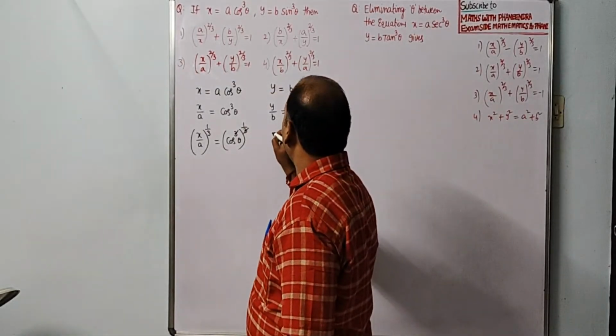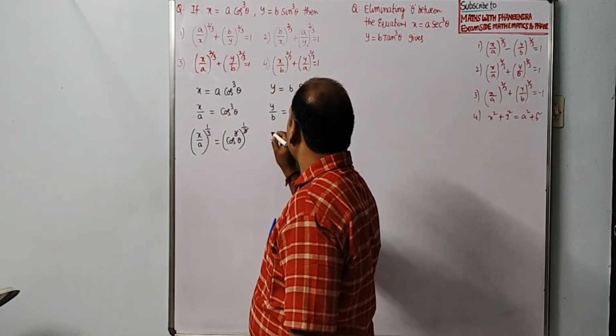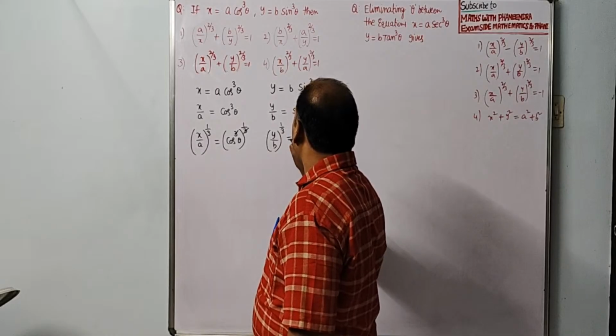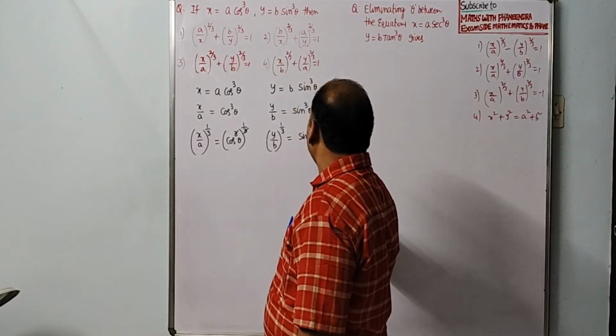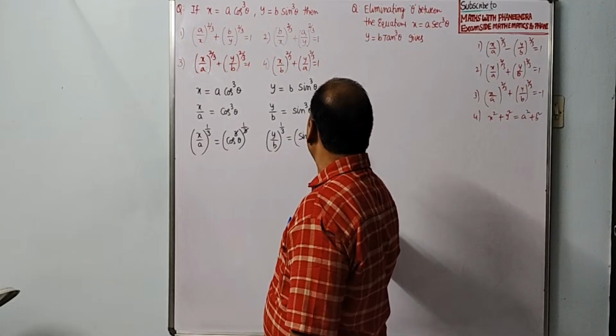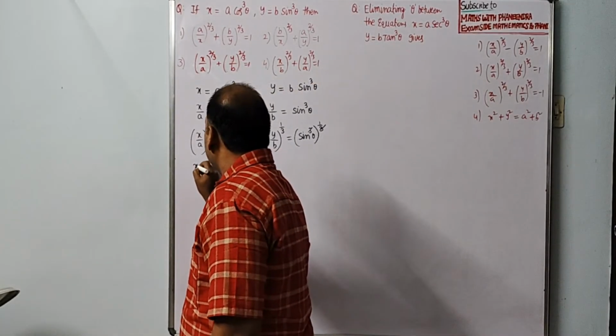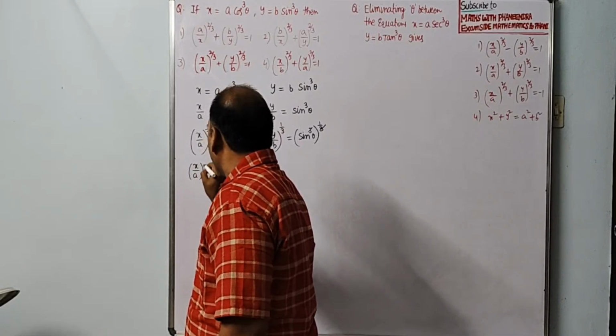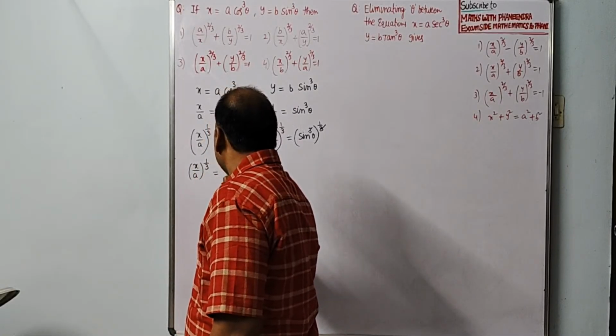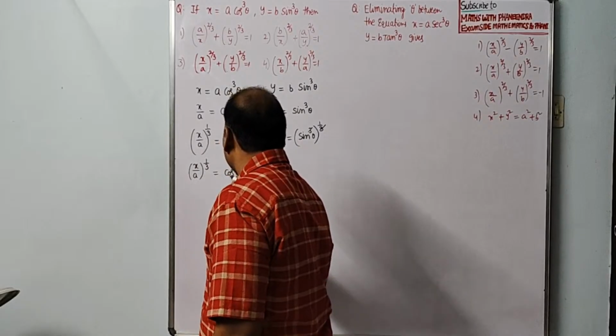So here also, raise power 1 by 3. So y by b whole power 1 by 3 equal to sin power 3 theta whole power 1 by 3. 3 gets cancelled. So x by a whole power 1 by 3 is equal to cos theta.